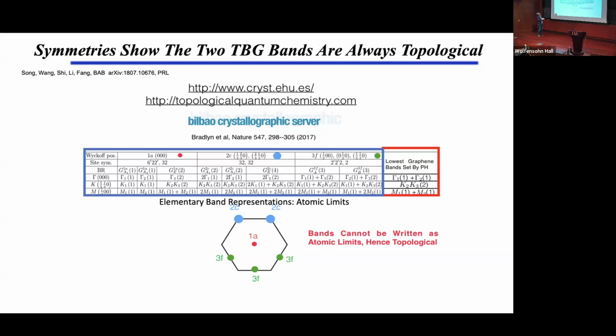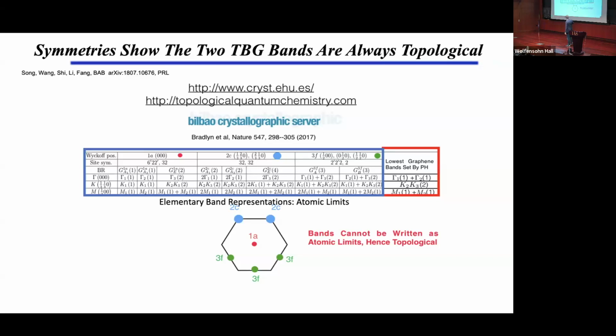You see, gamma 1 is the s orbital. It's a plus eigenvalue under C2x, etc. K1, etc. This one is a negative eigenvalue. Gamma 2 is a negative eigenvalue. This is a p orbital at 1a. Okay, so this is a basis of the atomic orbitals, or anything that you can write down in terms of localized Wannier states.